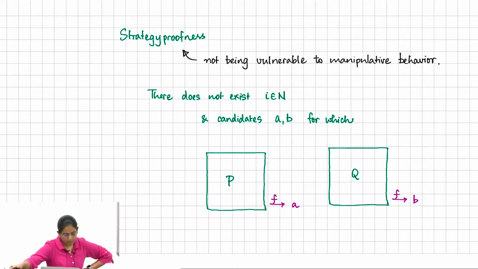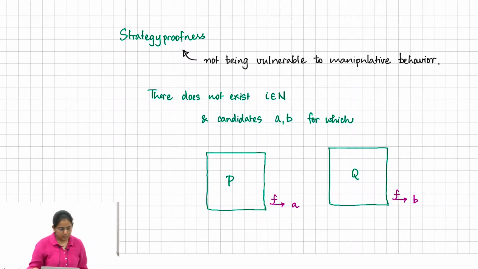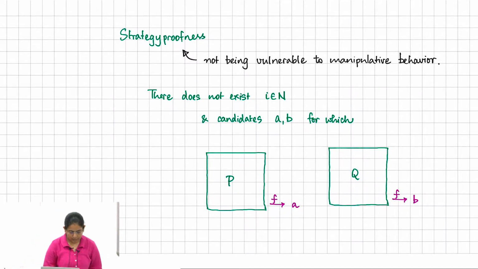Okay, so I want to connect the profiles with respect to the voter I because I'm thinking of I as the manipulative voter, right? So I want to say that these profiles are completely identical except for the vote of the voter I, okay?